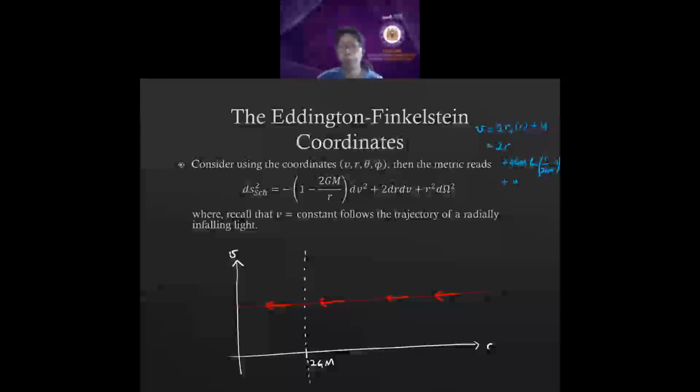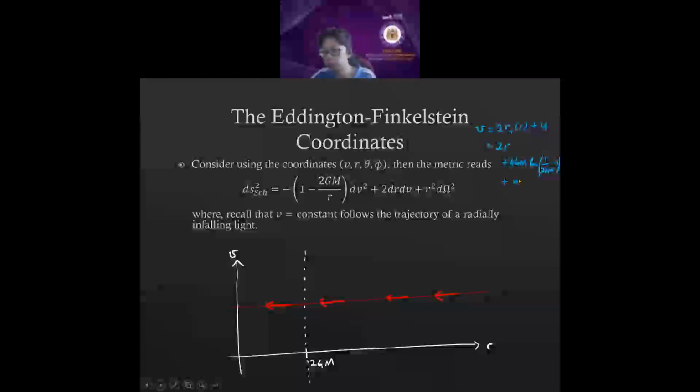So what you can do next is try to plot the constant u trajectory. Let's say you choose some particular u, maybe u equals 10. This one shows you the equation of the path of light as a function of v in terms of r, taken by any constant u.